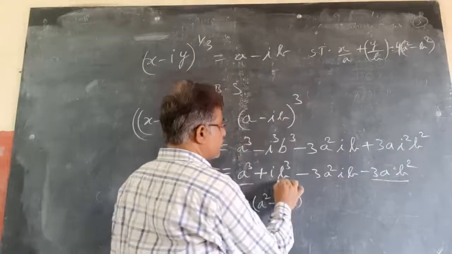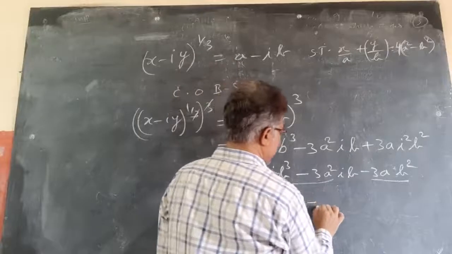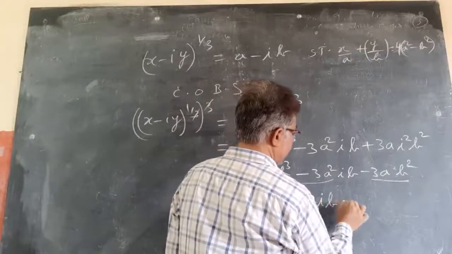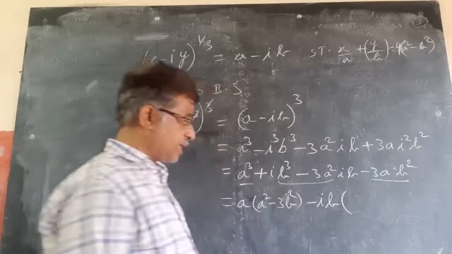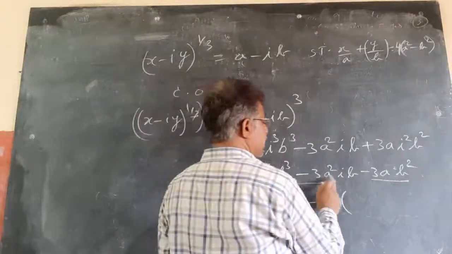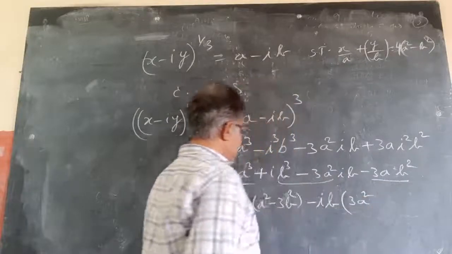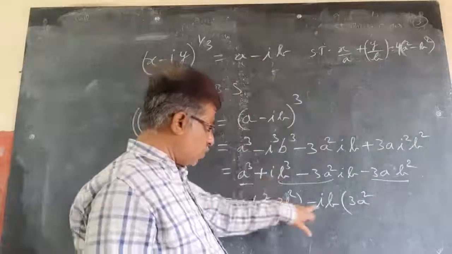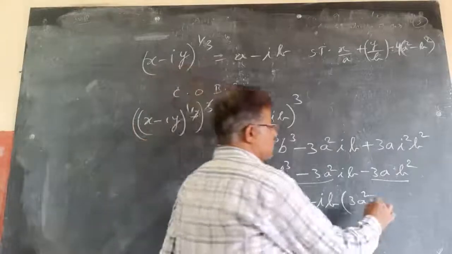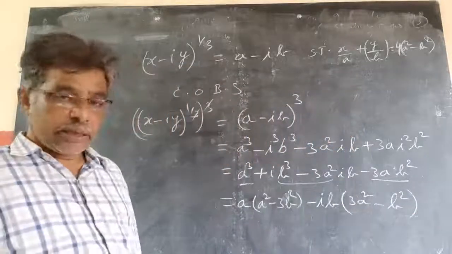Next, from these two I am taking minus ib common. So left out here is 3a², and in ib³, I took ib and minus common, so left out is minus b². So (3a² - b²).